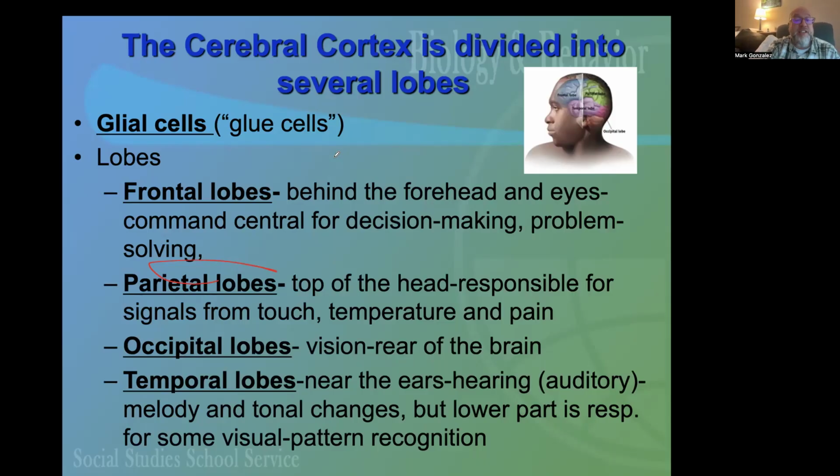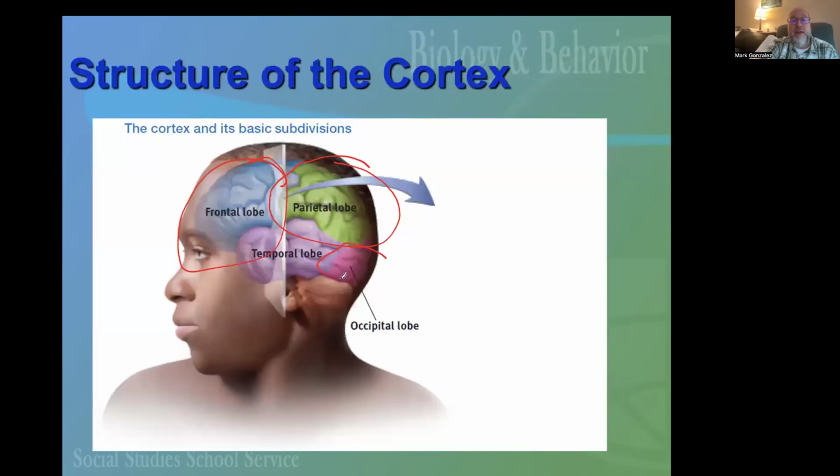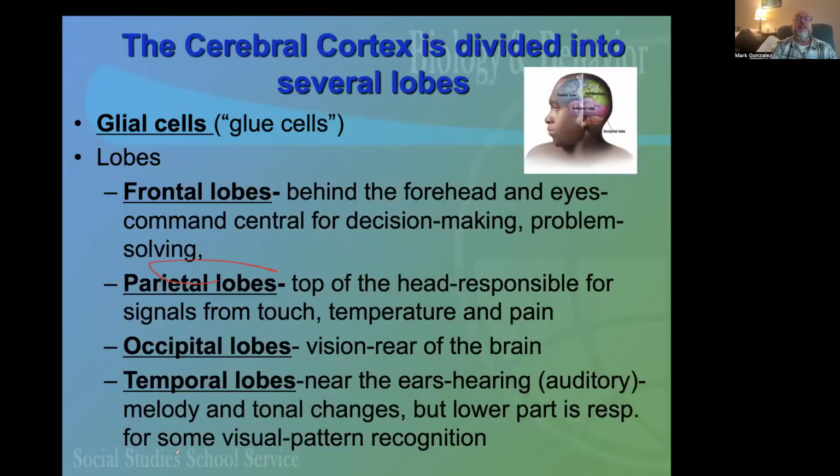And then you have your occipital lobe, which is down in here. So basically, the nerves from your eyes, your optic nerve, connect to this part of your brain, your occipital lobe. All right. And then you have your temporal lobe. Think these are your temples right here, temporal lobe.